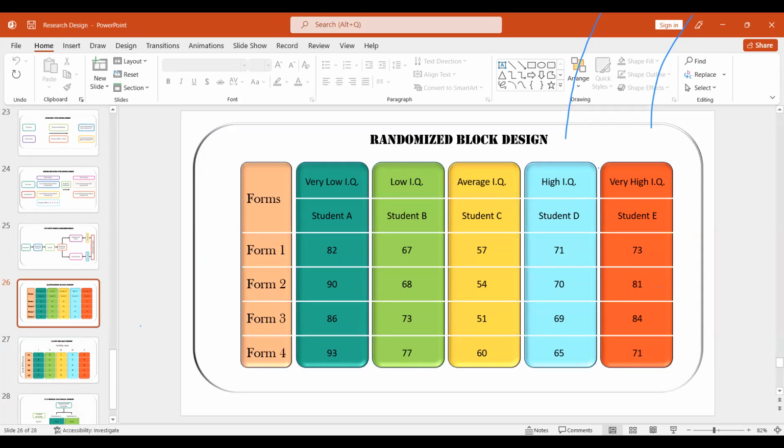It is the simplest possible design and its procedure of analysis is so easy. The essential characteristic of the design is that subjects are randomly assigned to experimental group. अब जैसे हमने दिया, like IQ भी दिया है, on the basis of very low IQ.